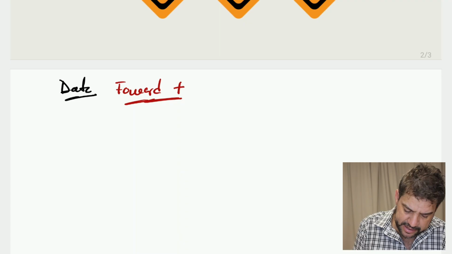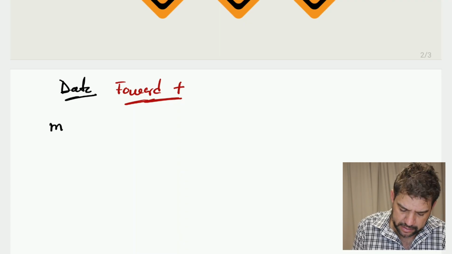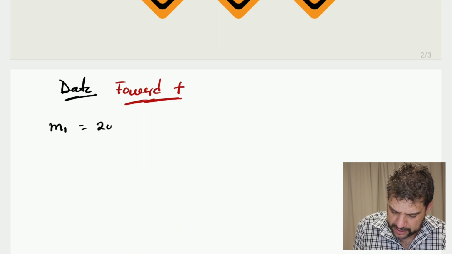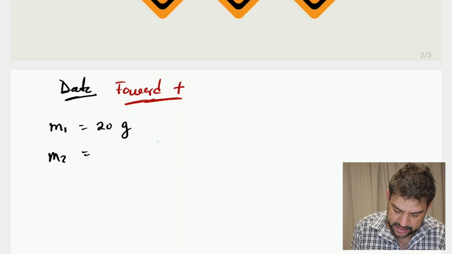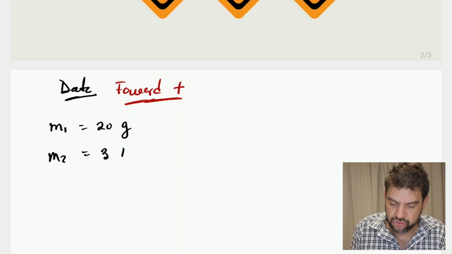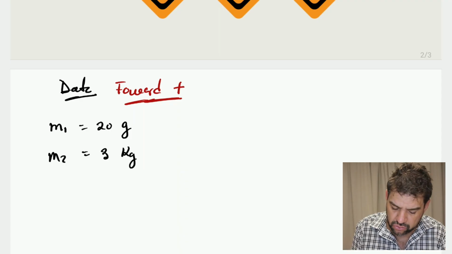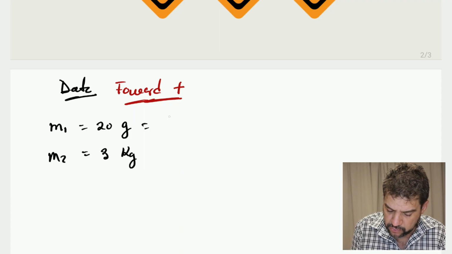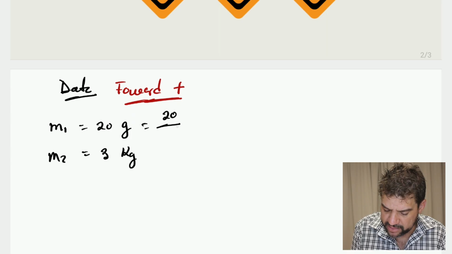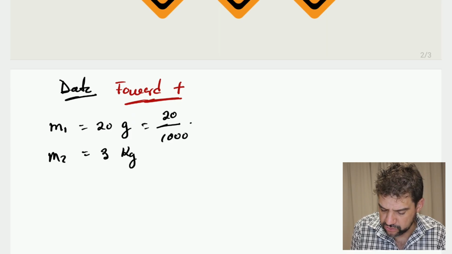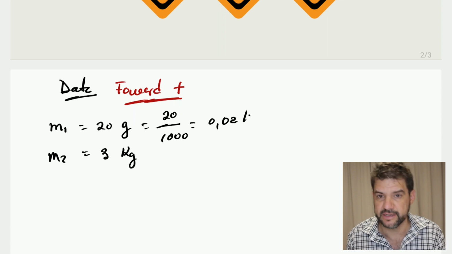So let's take the bullet as 1: mass 1 is equal to 20 grams, and mass 2 is the rifle, which is 3 kilograms. You cannot work in grams, so you are going to convert, and I recommend you do it in the data. You have 20 divided by 1000, and that is equal to 0,02 kilograms. That is the mass.